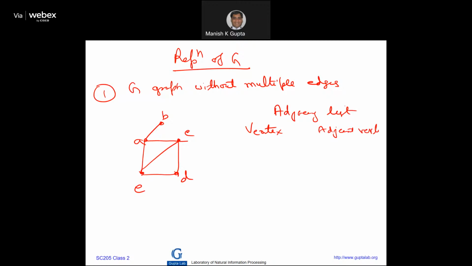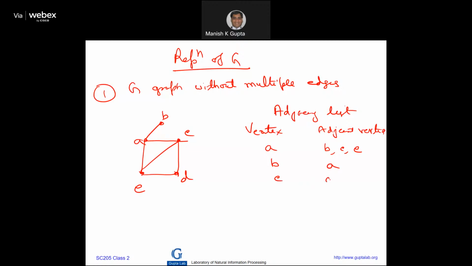vertices. See, all these things in graph theory that you study are common sense. There is no concrete mathematics. It's all common sense, right? A is adjacent to B, C, and E. D, what is adjacent to A?